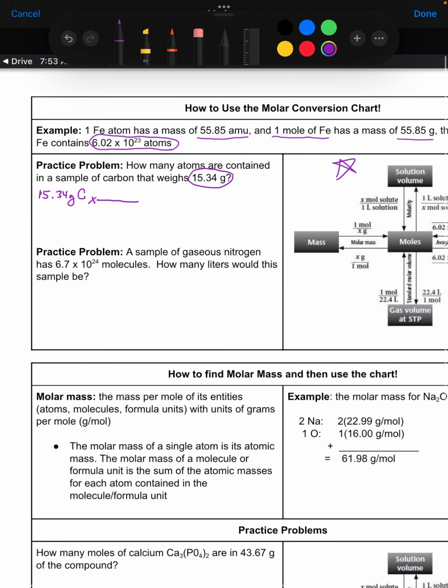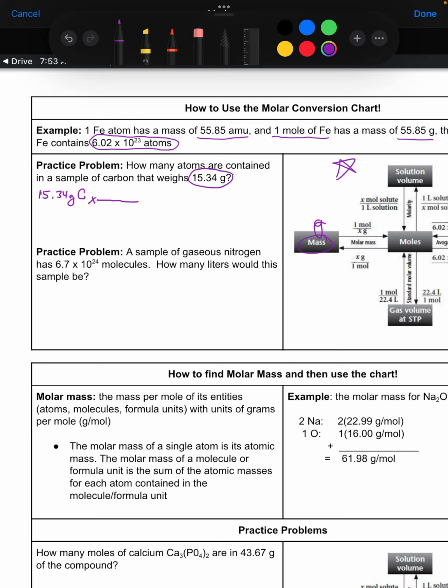So what do I have? I have grams. Grams is a mass unit. So I'm going to start here on the mass side. I want to know how many atoms are contained in that. So I'm going to go to the right here.